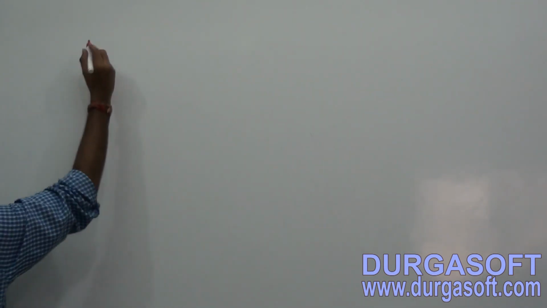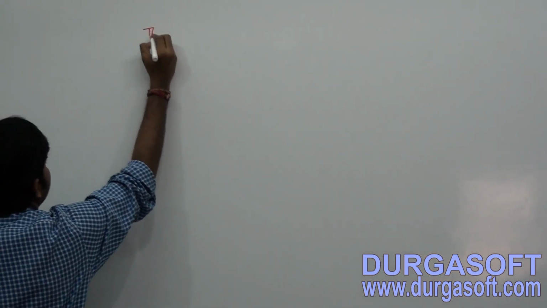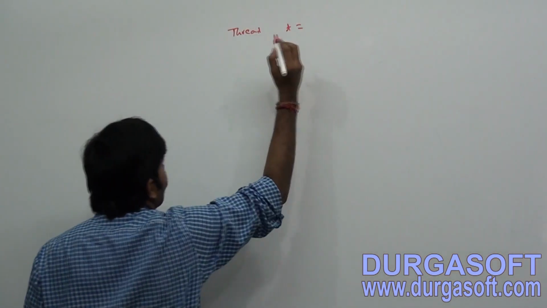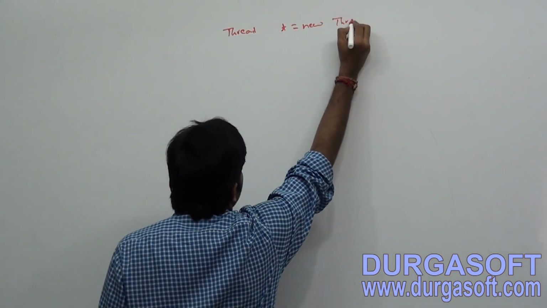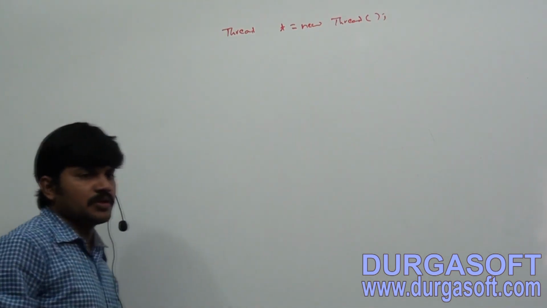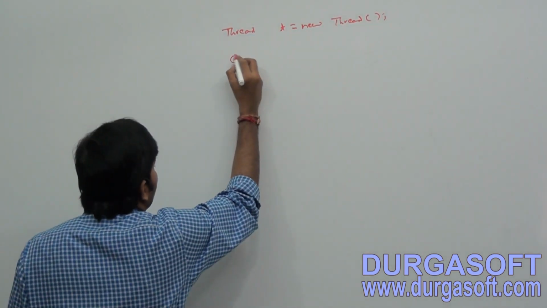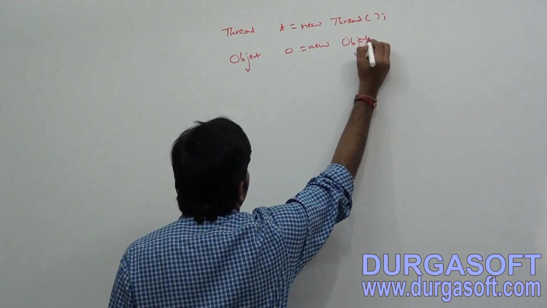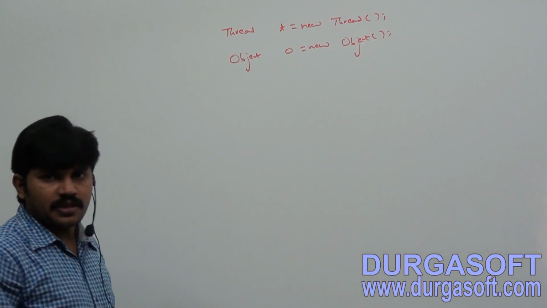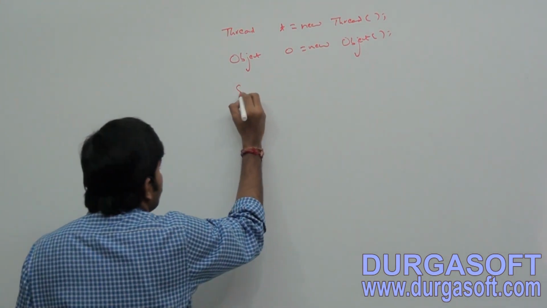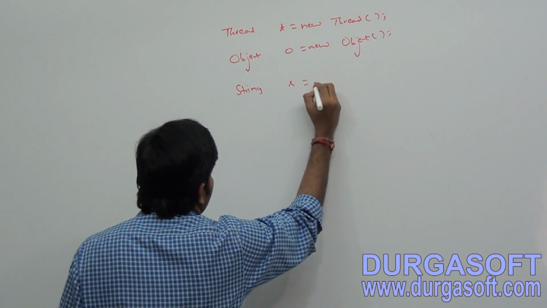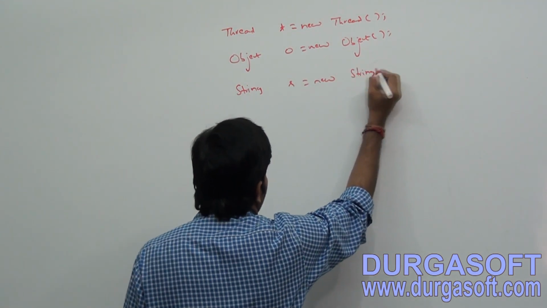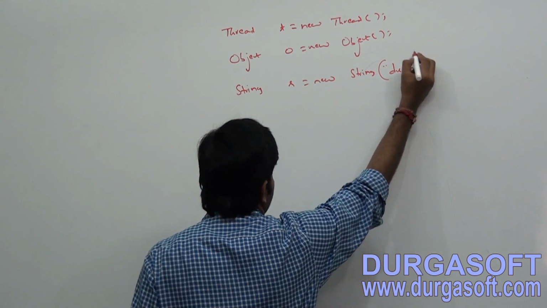You may get some conclusion from this example. Here I am taking Thread t is equal to new Thread, Object o is equal to new Object, String s is equal to new String("Durga").